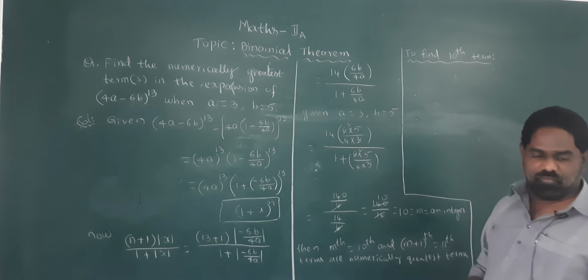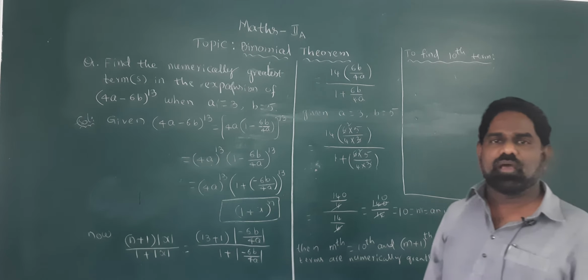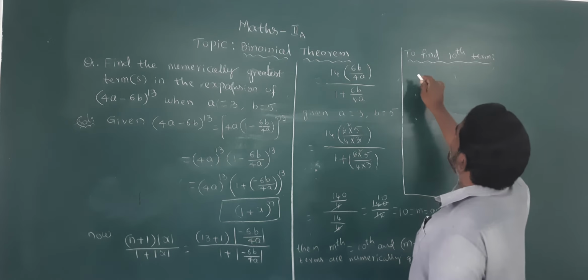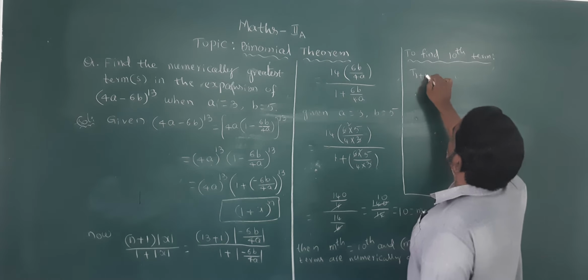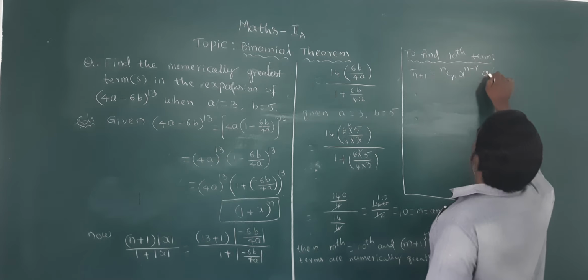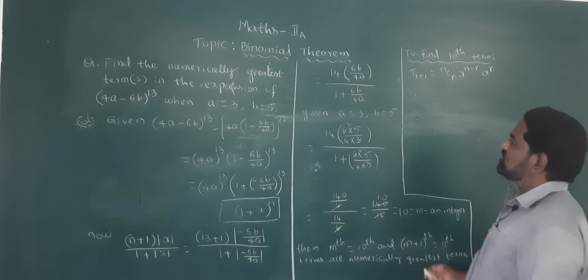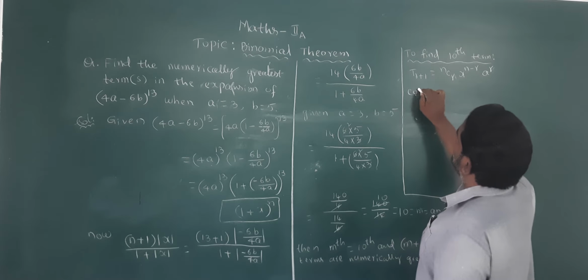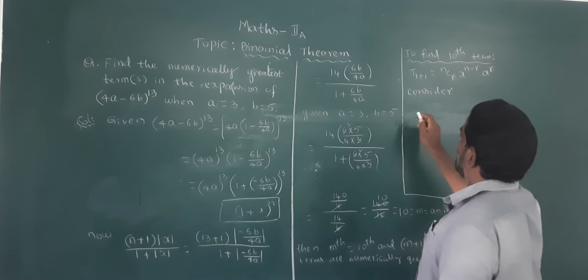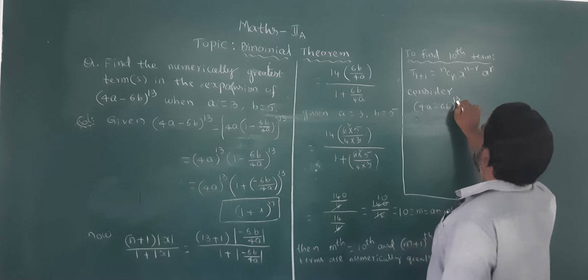Whatever the term may be, if we have to find it, we use the formula of the general term, that is the (r + 1)th term: T(r+1) = nCr x^(n-r) a^r. We use this formula. Next, consider the given expansion, (4a - 6b)^13.